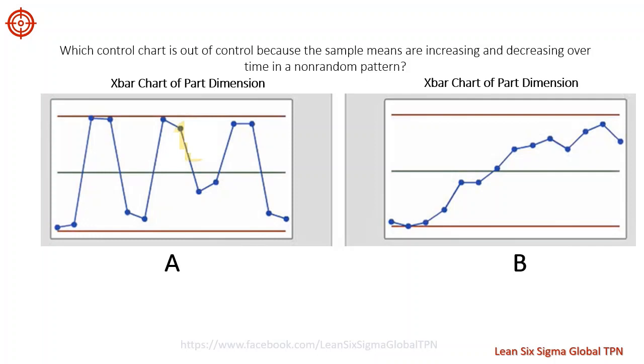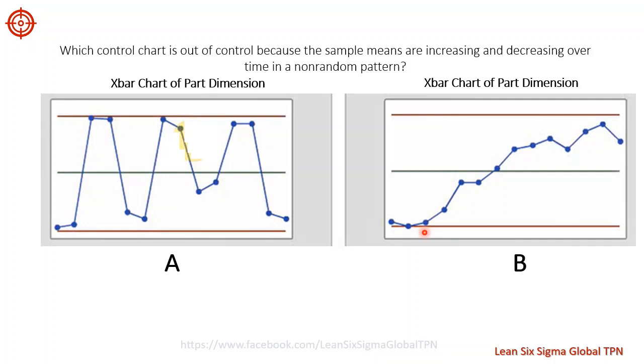So here's another example. If the X bar chart is out of control, then the process means are not stable over time. For example, look at these X bar charts for two out of control processes. Which control chart is out of control because the sample means are increasing and decreasing over time in a non-random pattern?